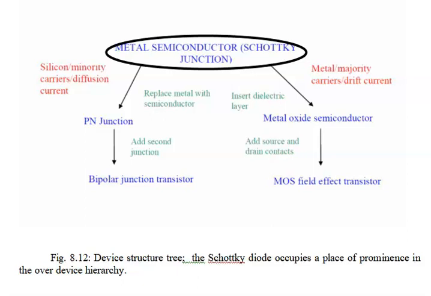There are then 5 basic structures. The Schottky is 1, PN junction 2, then we'll look at bipolar 3, then MOS 4, and we'll end with the MOSFET 5. In each structure we are going to have 3 chapters.